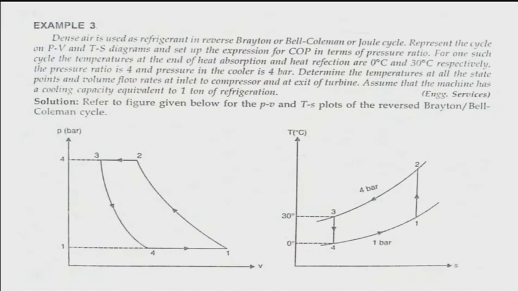Determine the temperatures at all the stage points, and the volume flow rate at the inlet of the compressor and exit of the turbine, assuming the machine has a cooling capacity of 1 ton of refrigeration.